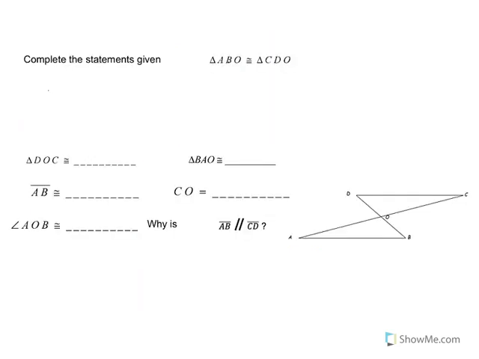Right, now let's complete these statements. Here we're given that triangle AOB is congruent to triangle COD. Before we do anything, we want to mark up our diagram first. We say that A is congruent to C, so we mark A and C, and B and D, and O is to O, so these two are congruent.